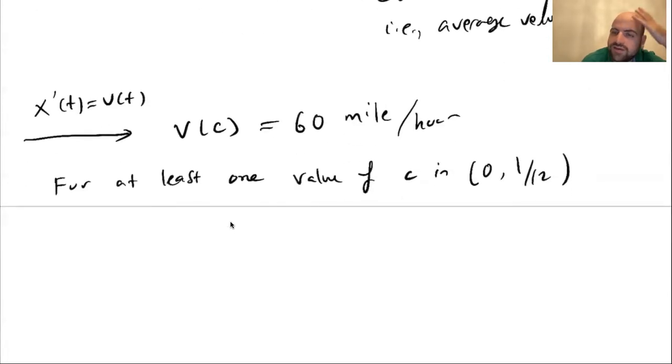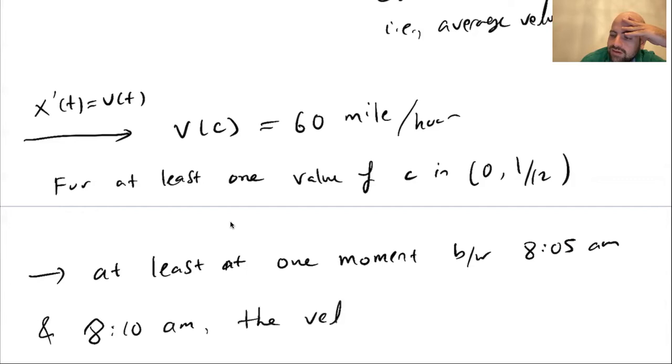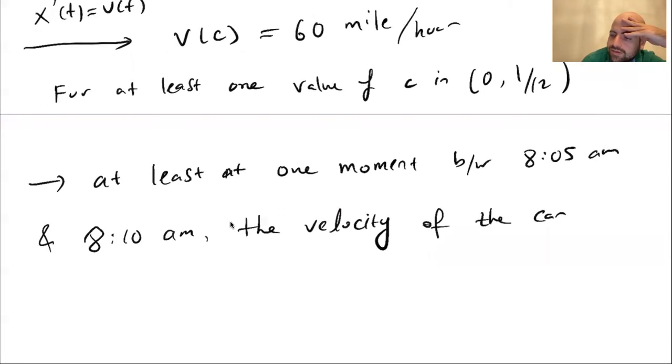So what does that mean? That means v of c is the velocity of the car. So at least at one moment between 8:05 a.m. and 8:10 a.m., the velocity of the car must have been 60 miles per hour.